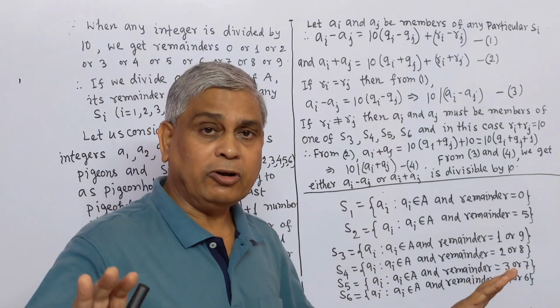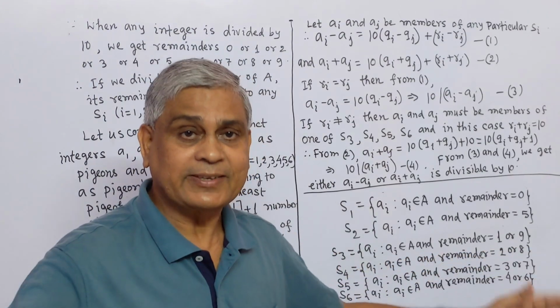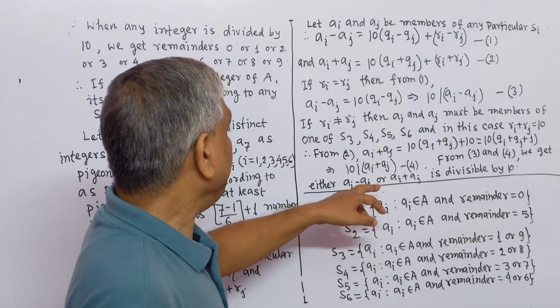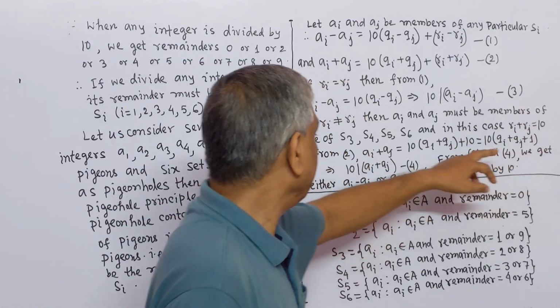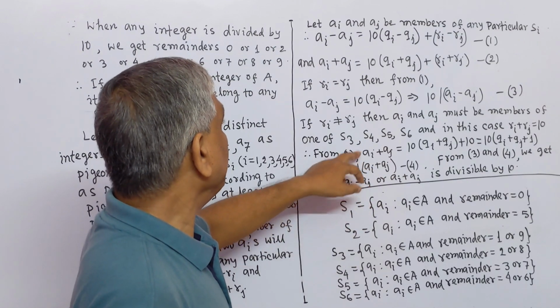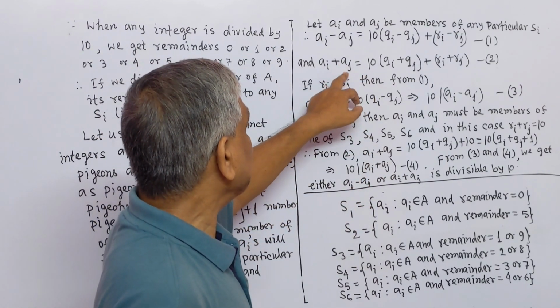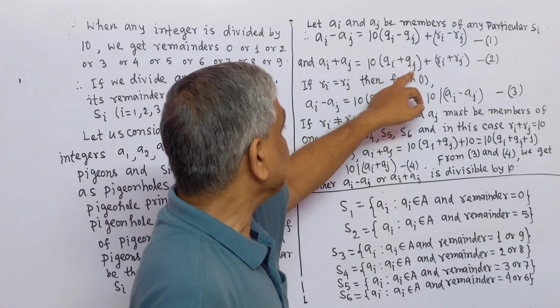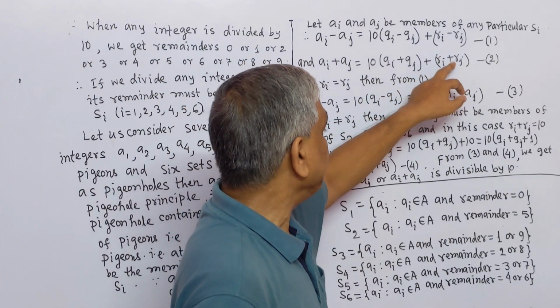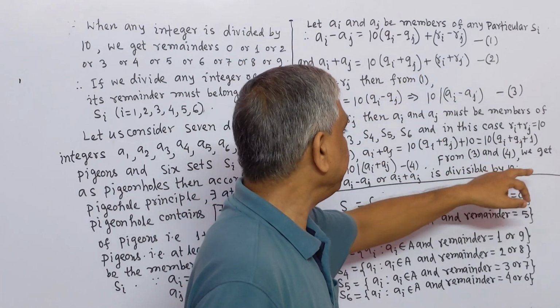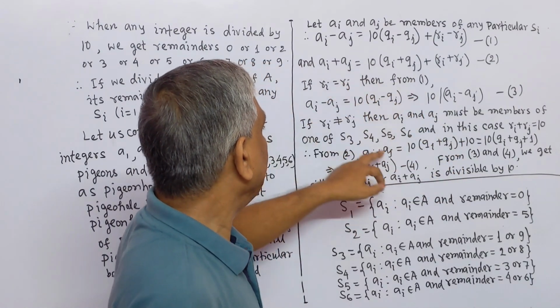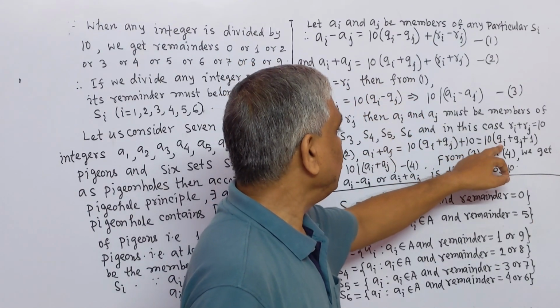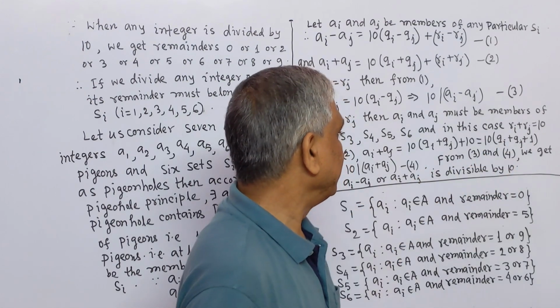They do not belong to two separate Si, and therefore we get ri plus rj equals 10. Therefore from 2, ai plus aj equals 10 (qi plus qj) plus ri plus rj, where ri plus rj equals 10. Here we write 10 and take it common. This is 10 multiplied by (qi plus qj plus 1).